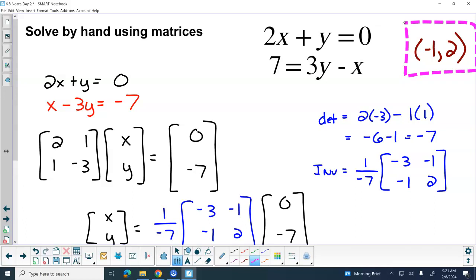That's how you know that you're in a special case. Okay? Because if you got a 0 right there for your determinant, then you would have a 0 down here, which means you would have 1 over 0, and that would be a you-can't-do-it case.